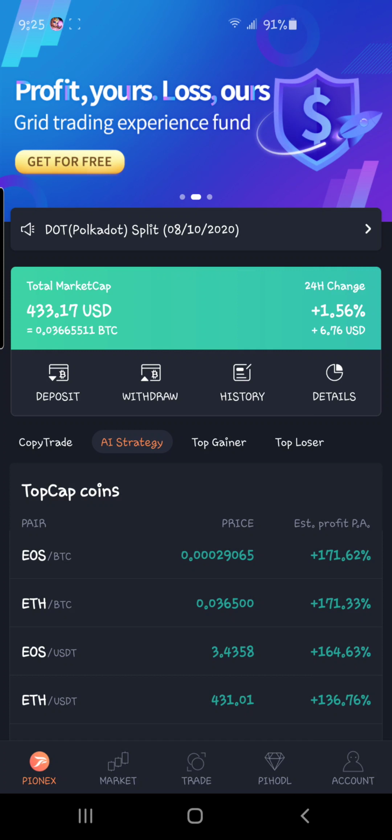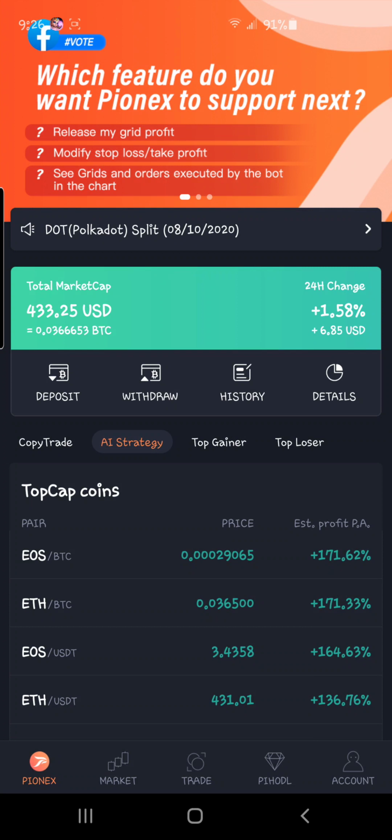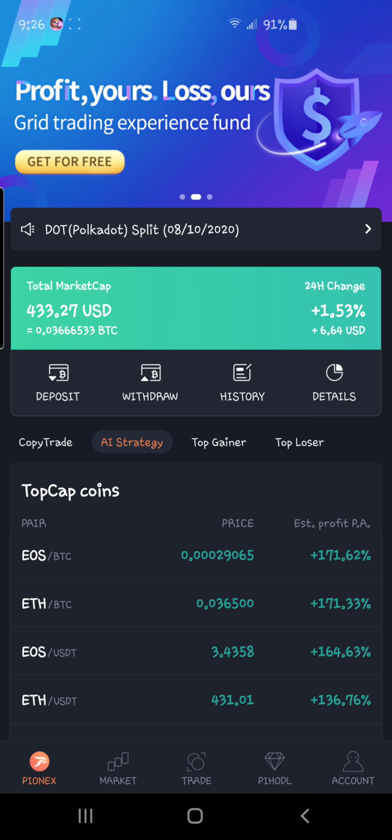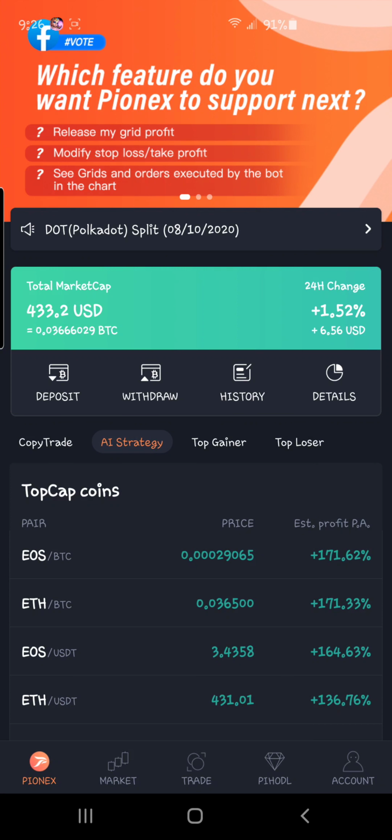So the fees to trade on Pionex is 0.05% per trade. So you can look at the fees and figure out how much it is to transfer money in and transfer money out, all that stuff. But every single trade you do on this is 0.05%. So what this is, is an exchange that actually has built-in trading bots. Now, all the bots are free to use and you're not paying anything to join.